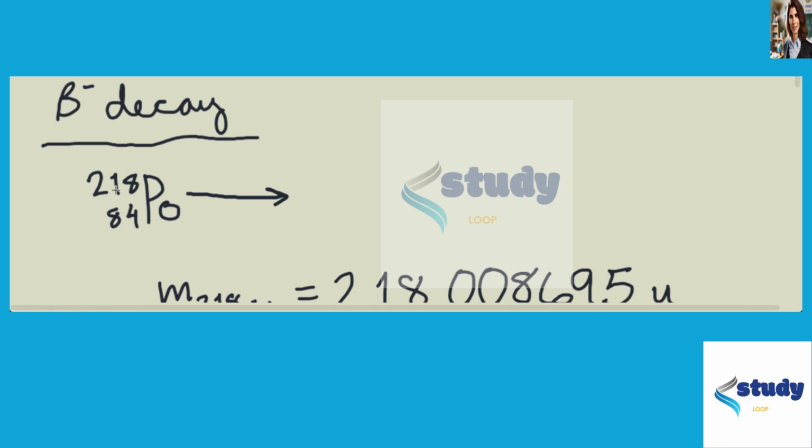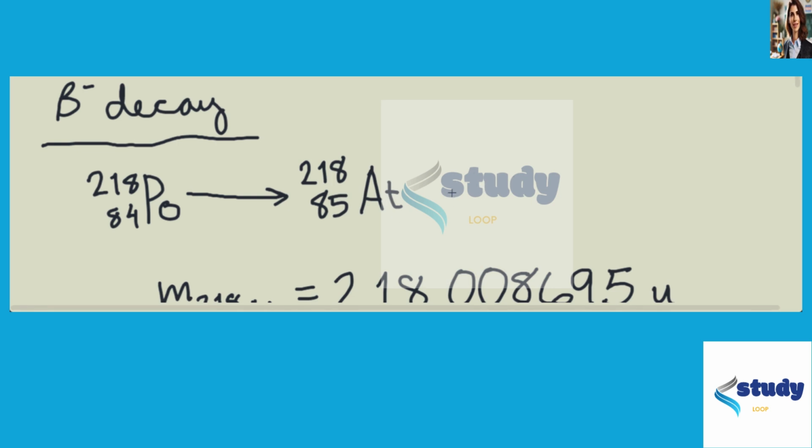The atomic mass number of the daughter element will remain the same as the parent, so we can write that as 218, but the number of protons is going to increase by 1. So the atomic number is going to go up to 85. The element in the periodic table with an atomic number of 85 is called astatine, and its symbol is At.